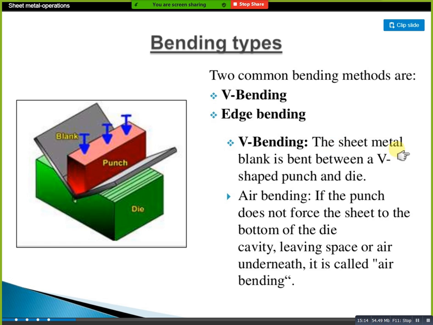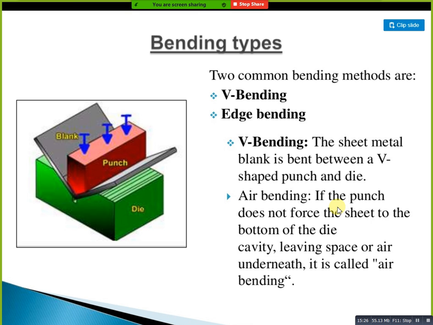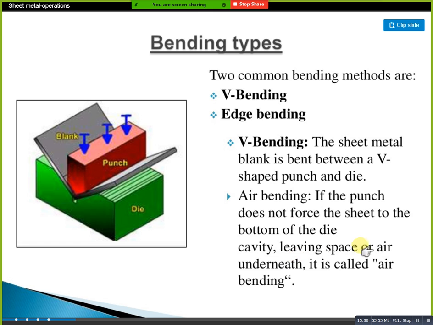Air bending. Air bending means the punch does not force the sheet to the bottom of the die cavity, leaving space or air underneath.